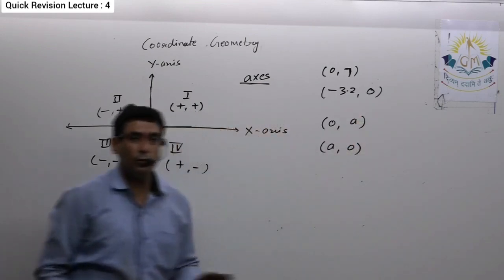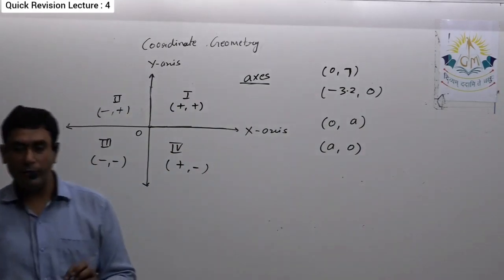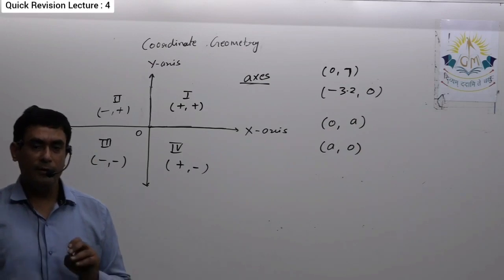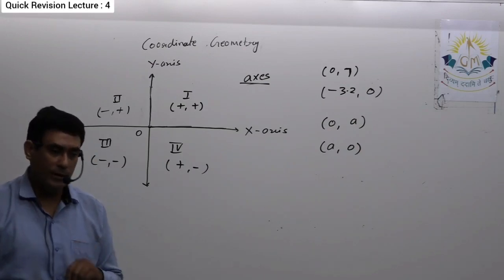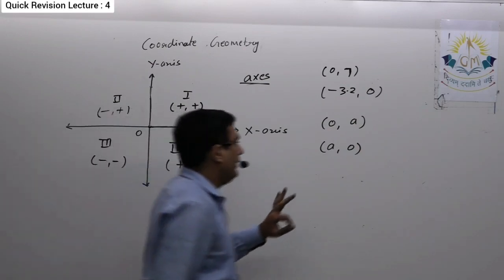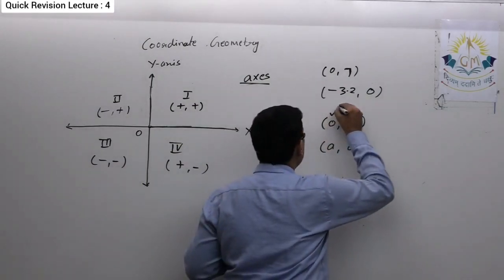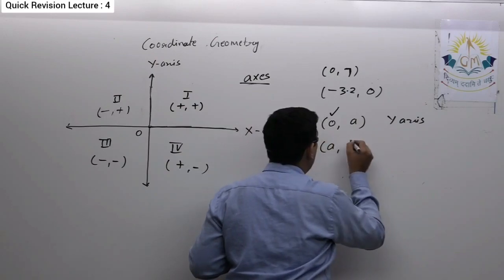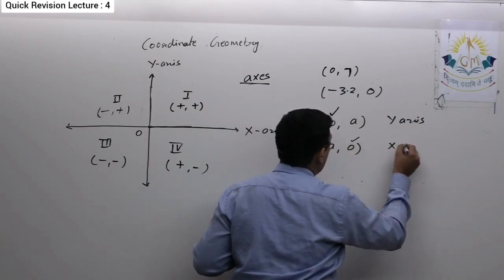That's it. If the coordinate of any one point is 0, then it might lie on either of the axes. Now if the x coordinate is 0, the point will lie on the y axis. If the y coordinate is 0, the point will lie on the x axis.